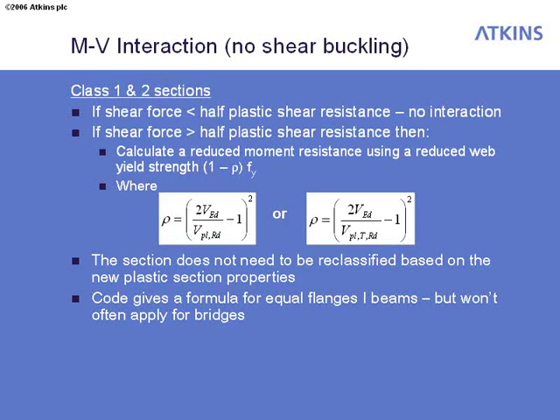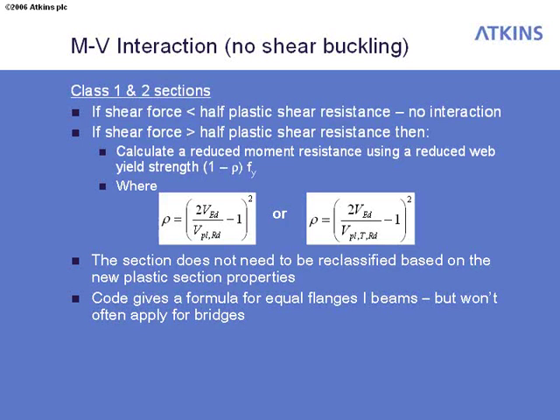And you need to take that into account by reducing the yield stress in the section for the bending calculation. And you do that by applying these two formulas there, and that just acts essentially as a reduction factor onto the bending resistance. This V_Ed factor is an applied shear force.